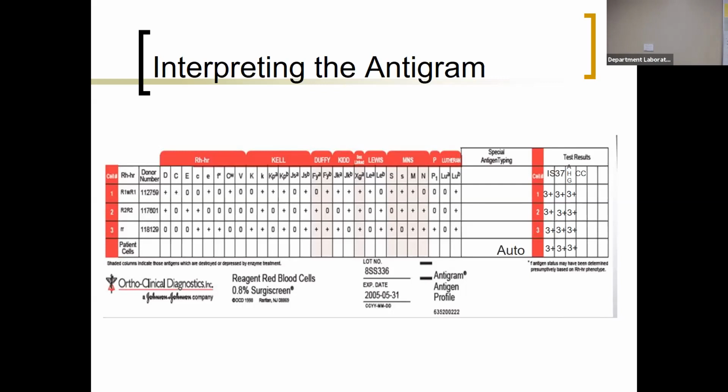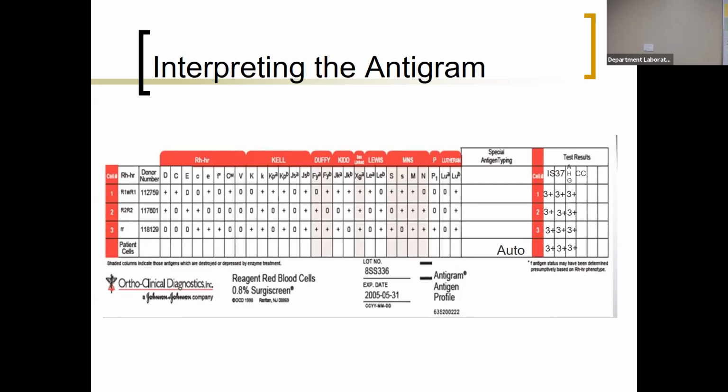Yep. So this patient has an autoantibody. Do you think it's a warm reacting antibody or a cold reacting antibody? It is reacting at room temperature and 37, definitely at AHG. So this is probably actually a warm autoantibody. So do you see how, with all of these reactions, you can't really rule anything out, you can't really rule anything in?